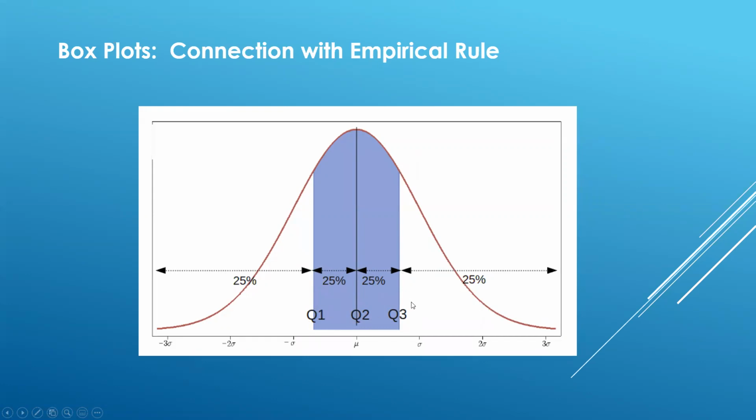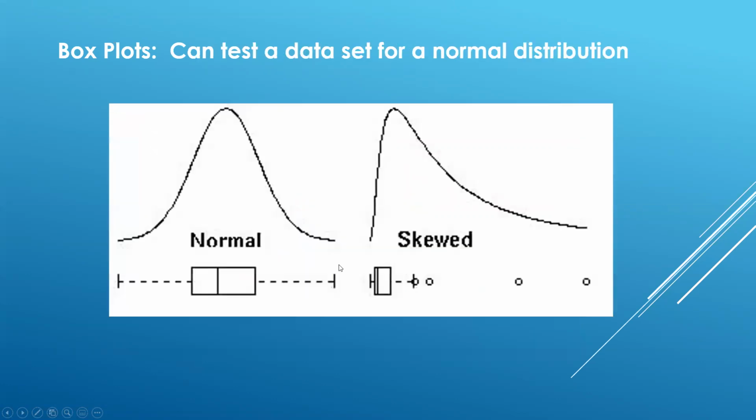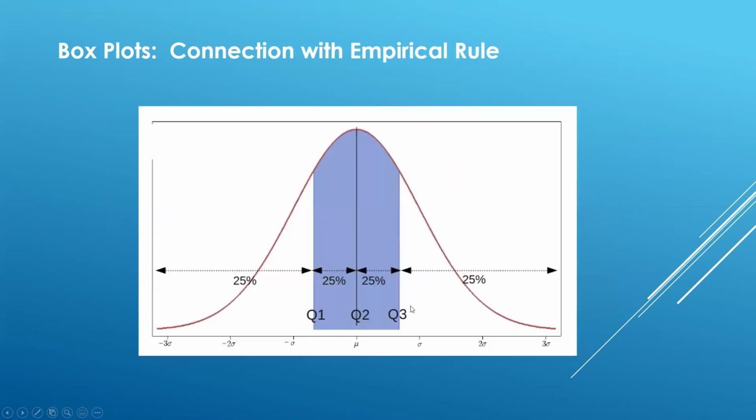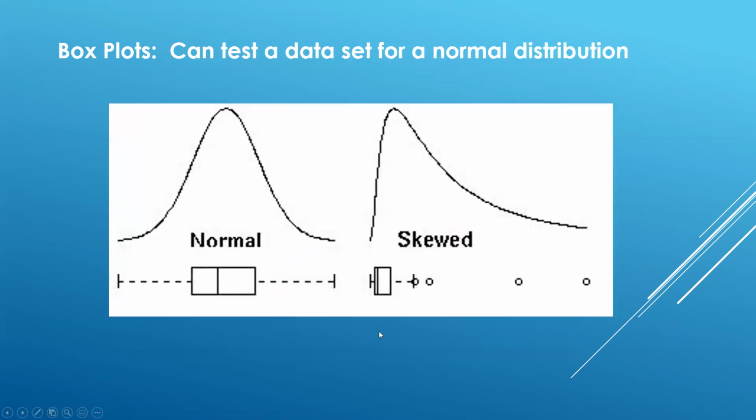And we can see that this little inner box piece is a little bit narrower than one standard deviation in both directions. Because remember, one standard deviation in both directions gives us 68%, but the box only gives us 50, right? Because if this has 25% below it, and this has 75% below it, then this has 50% within the box.